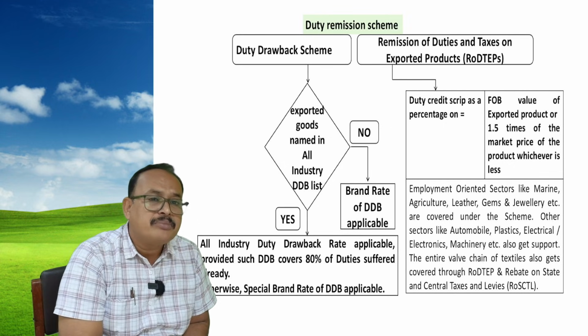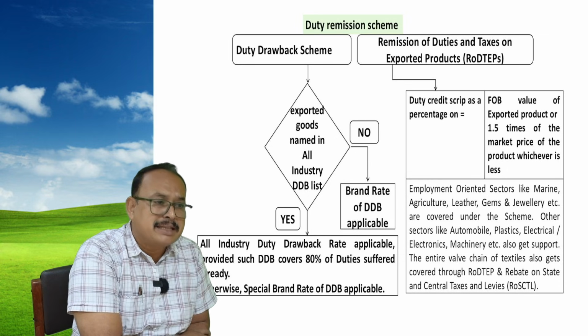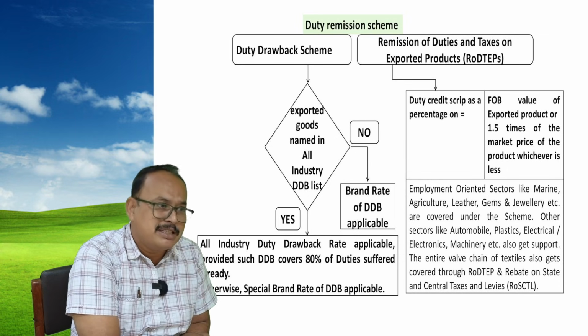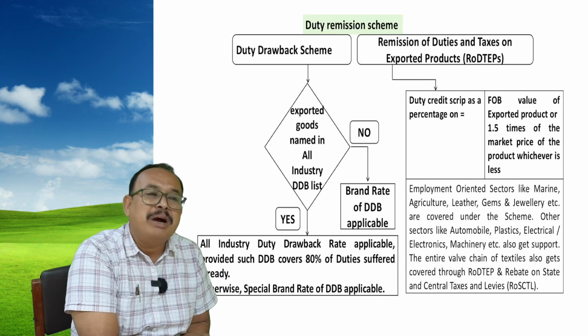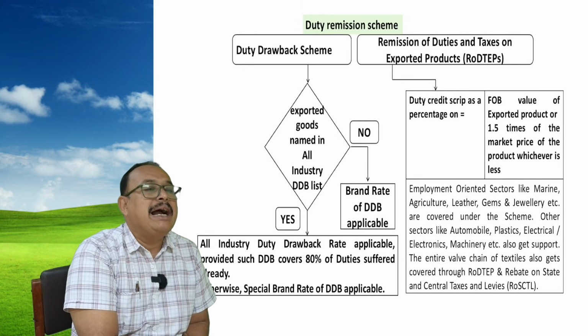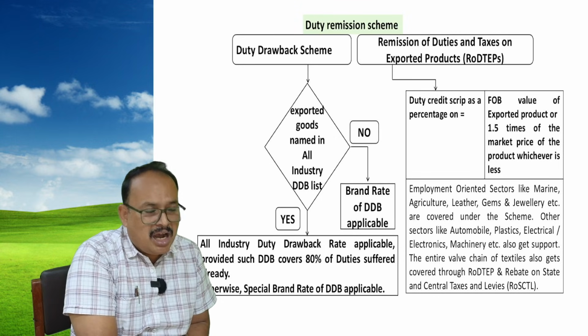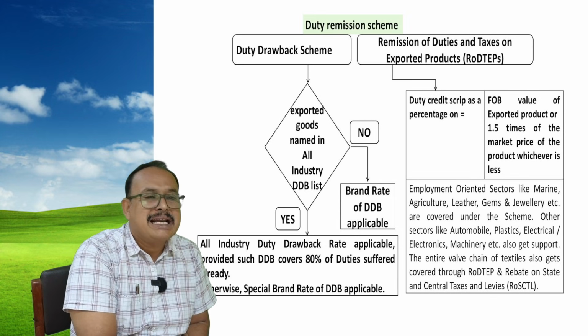Repeating again, the duty credit scrip under RODTEP is equal to the FOB value of export or 1.5 times the market price of the goods, whichever is less, on which the reward rate applies.